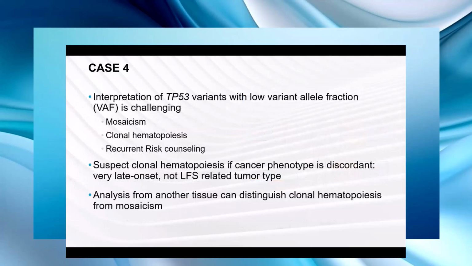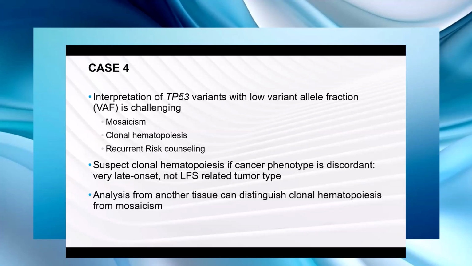So this case highlights the challenge in interpreting TP53 variants, particularly in the case of low variant allele fractions, right? There are multiple mechanisms that can result in low VAF. Mosaicism is one of them, as we see in this case. The second one would be clonal hematopoiesis, which often involves the TP53 gene. Distinguishing those mechanisms can be a challenge, but we have general principles and tools that can help us, right?